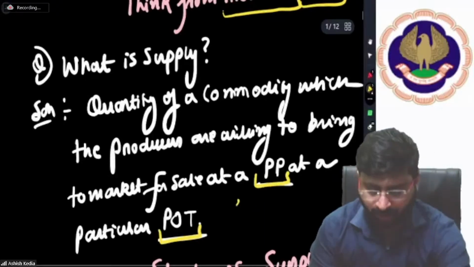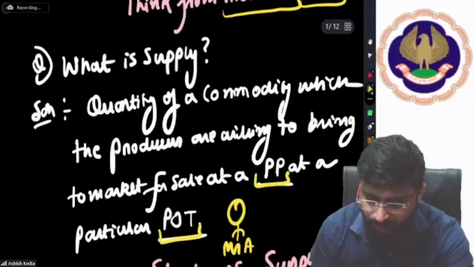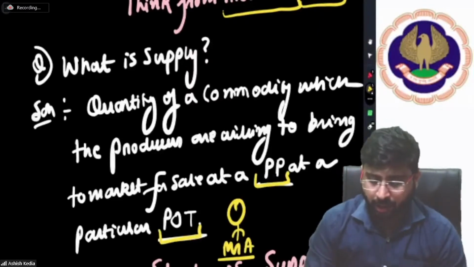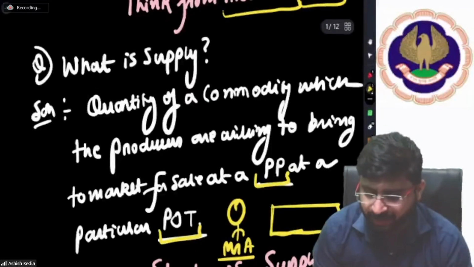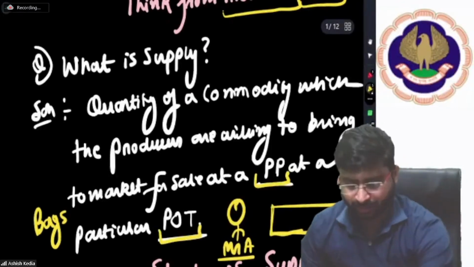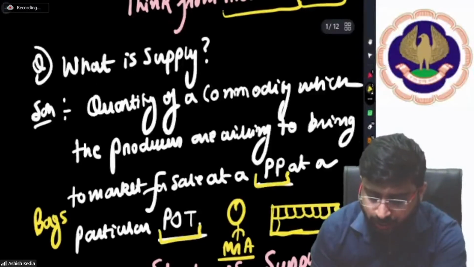Now let me give you an example of supply. Suppose this is a producer, let's name them Mr. A or Mrs. A. Let's say they are in the business of bags, and they have produced around 10,000 bags.